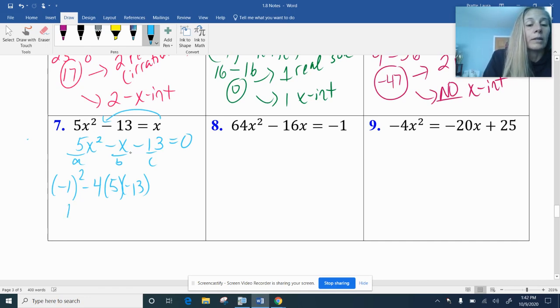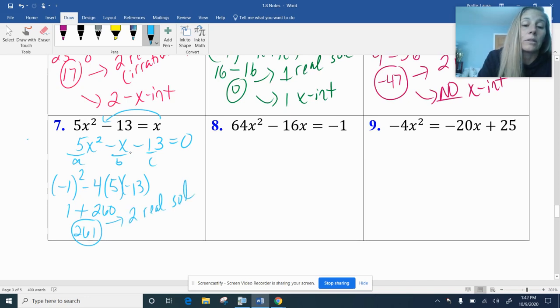So I have 1, and the minus and the negative is going to make this a plus. And when I multiply 4 times 5 times 13, I have 260, which gives me 261 for my discriminant. Positive answer means I have 2 real solutions. These will be irrational, and I will have 2 x-intercepts.